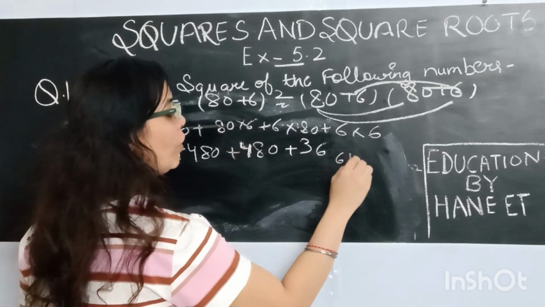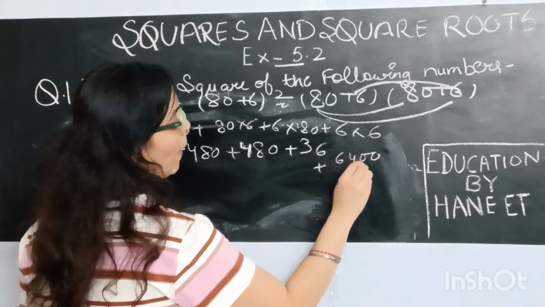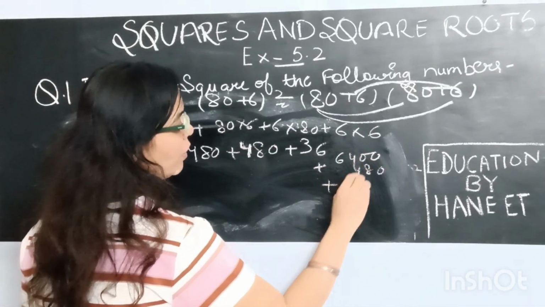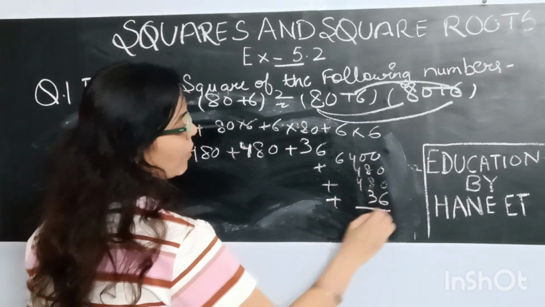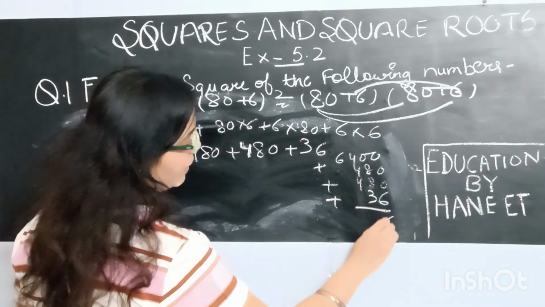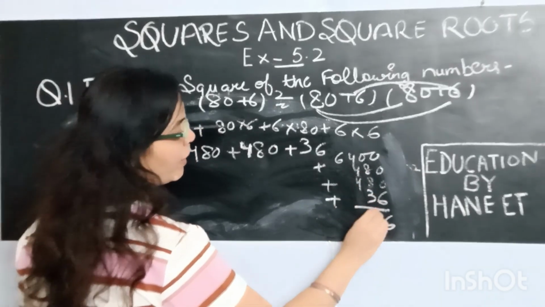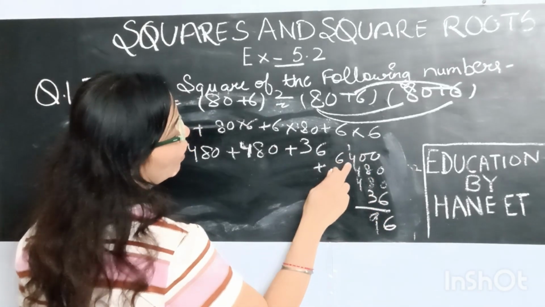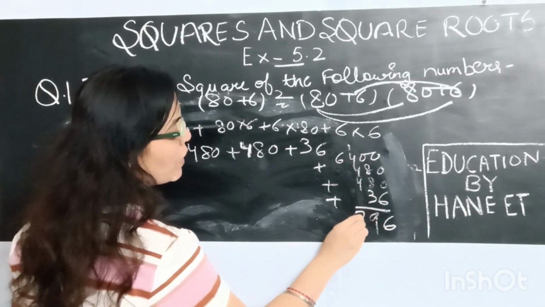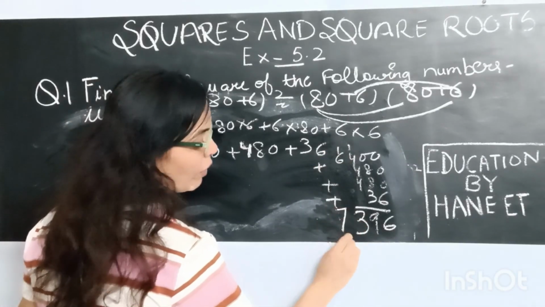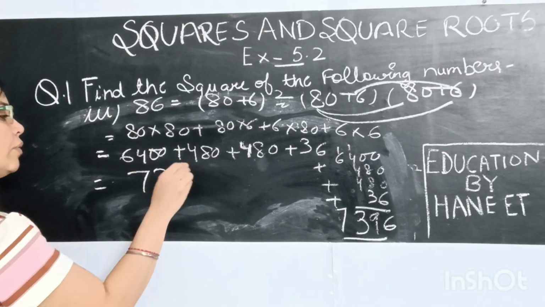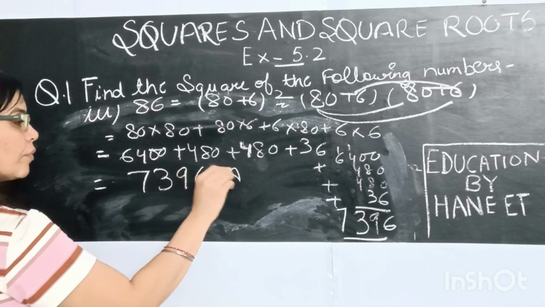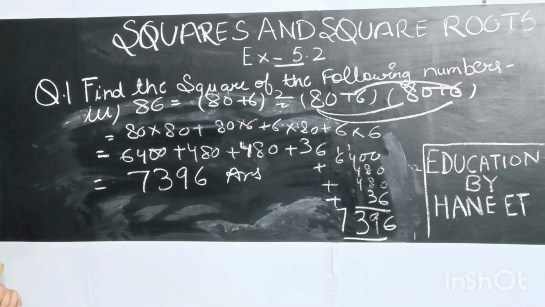So 6400 plus 480 plus 480 plus 36 will be 7396. So 7396 is our answer. I hope these are clear, right? Now the fourth part.